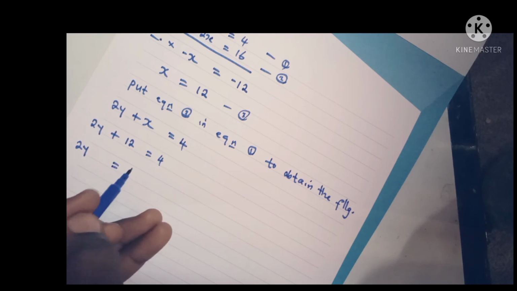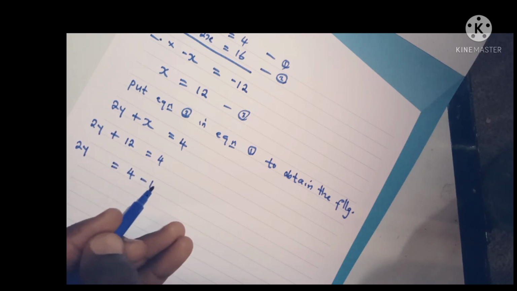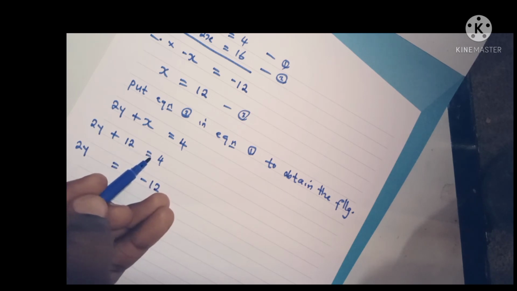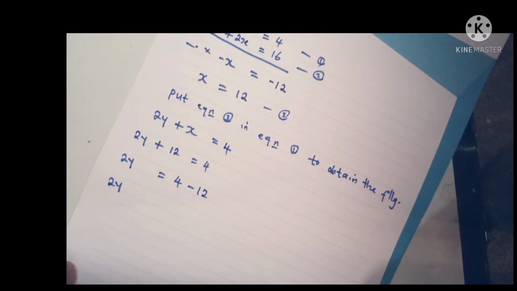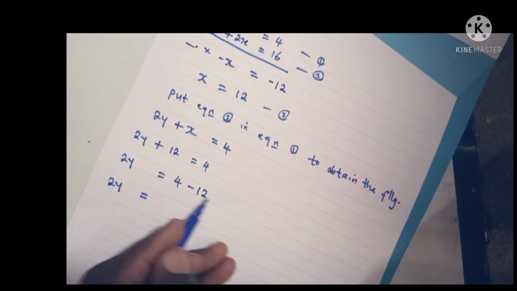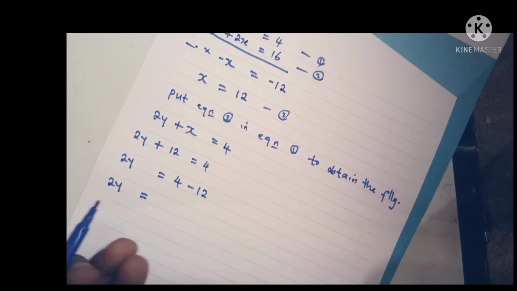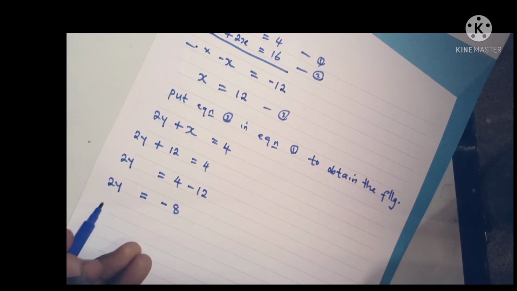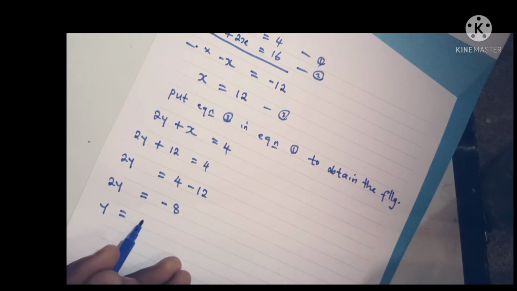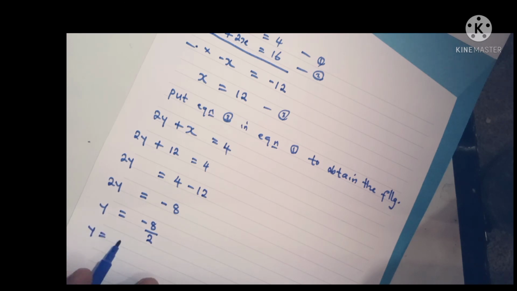So 2y equals 4 minus 12, which is minus 8, sorry. So 2y equals minus 8. Now divide by the coefficient of y. We have y equals minus 8 over 2, and that gives our y equals minus 4.